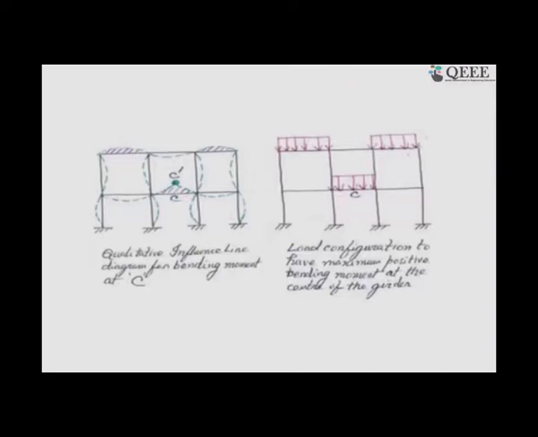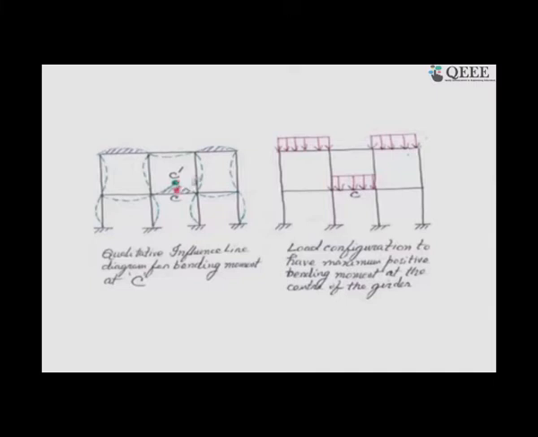It says that if I load it here, I get a positive bending moment here. If I load it here, I get a positive bending moment here. If I load it here, I get a negative bending moment here. All are bending moments at this section, and that is the influence line diagram.